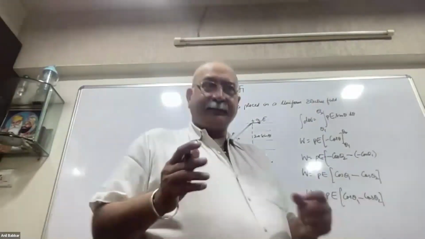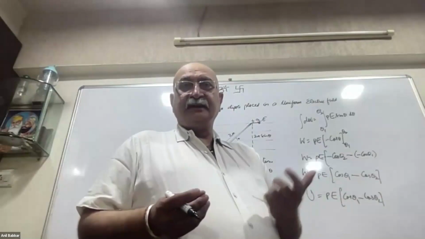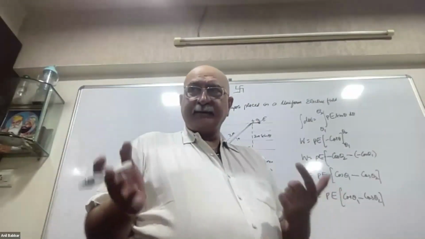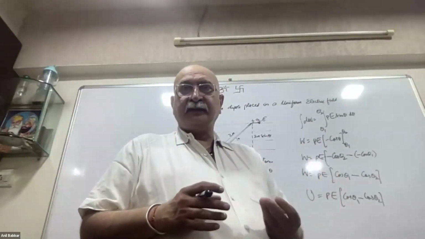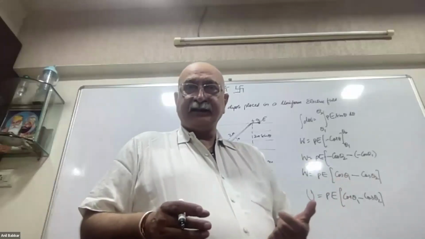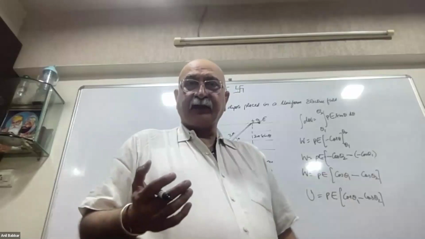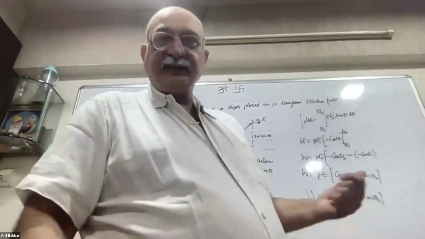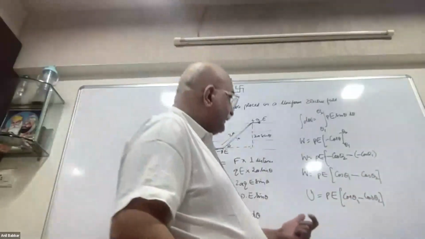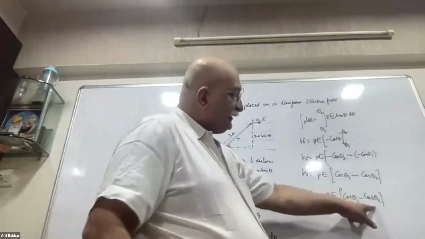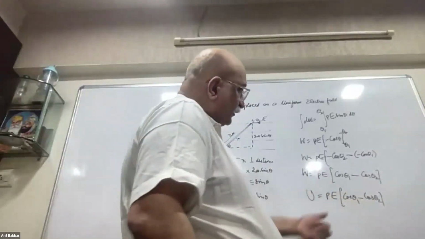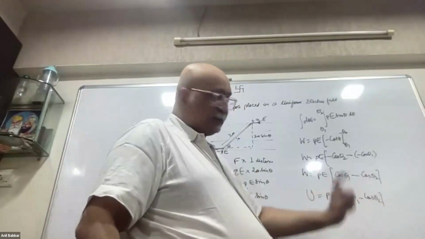Now, depending upon the value of theta, say initially the dipole is oriented perpendicular, that means theta 1 is 90 degrees, and it is brought to an orientation making an angle theta with the field. So theta 2 is theta. Cos 90 will be 0, minus cos theta.